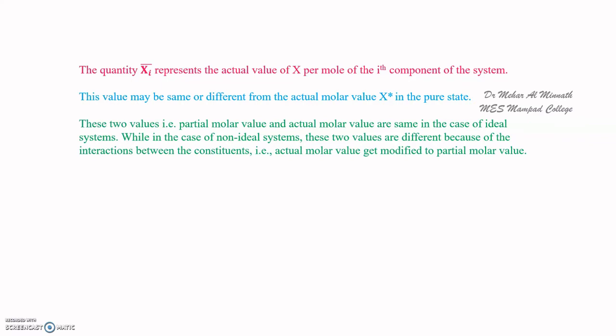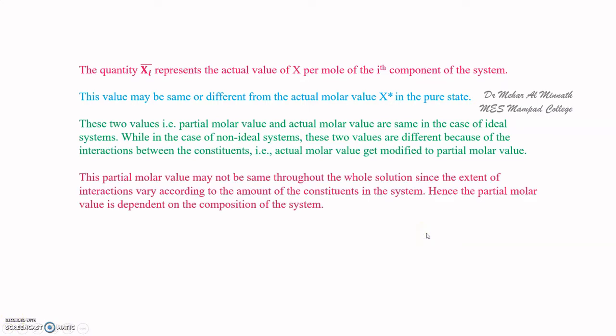While in non-ideal system, there will be difference because of the interaction between the constituents. So the actual molar value gets modified to partial molar value. Now this partial molar value may not be same throughout the whole solution, since the extent of interaction will vary, okay, according to the amount of the constituent in the system.